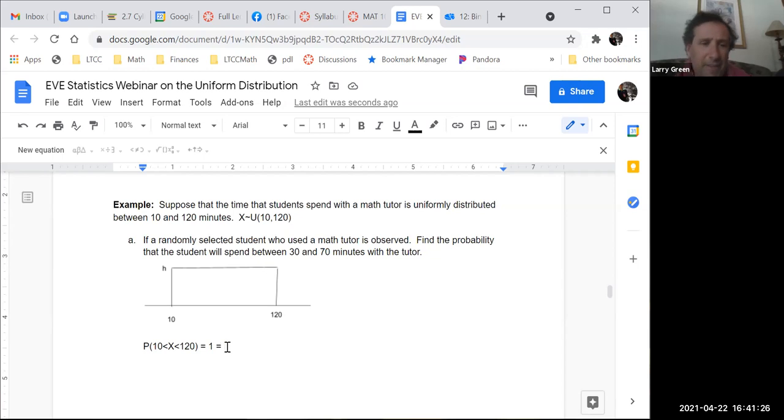Now, from the definition, do you remember what probability is given a picture? And remember, how do you find probability if we're given a picture?